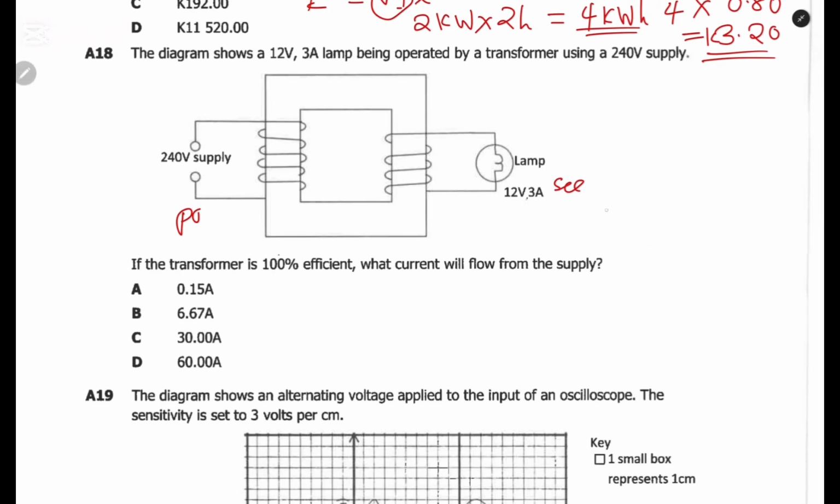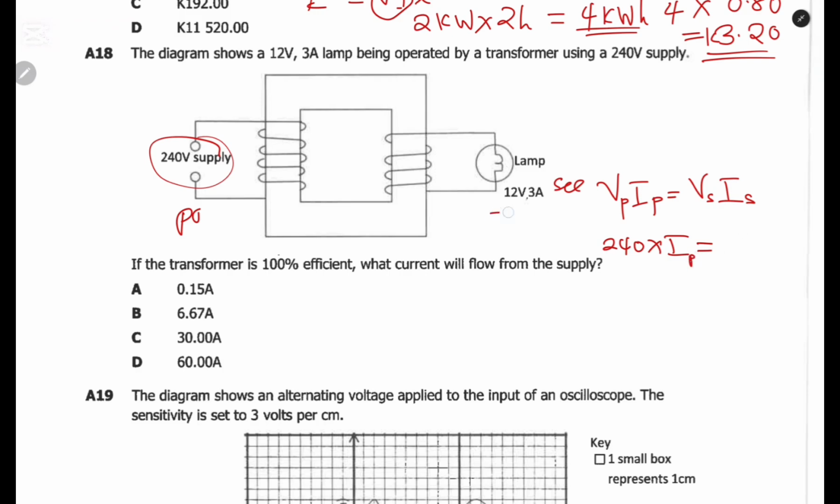And of course, to find the current that flows through the supply, you just use the formula of an ideal transformer, where power on the primary is equal to power on the secondary. So V_P I_P equals V_S I_S. The voltage on the primary is 240 multiplied by the current, which is the one we are looking for.